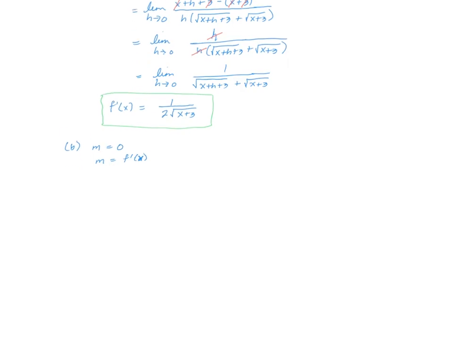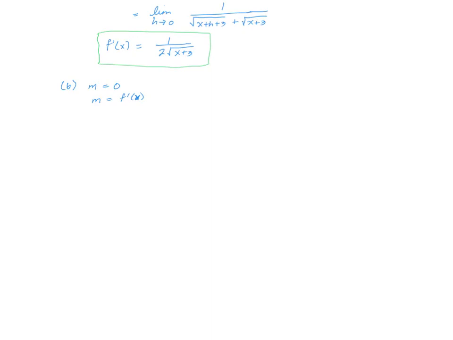Which means that if we set our derivative, 1 over 2 times the square root of x plus 3, equal to 0, then we can find out if there's any line with a horizontal tangent line, so slope of 0.